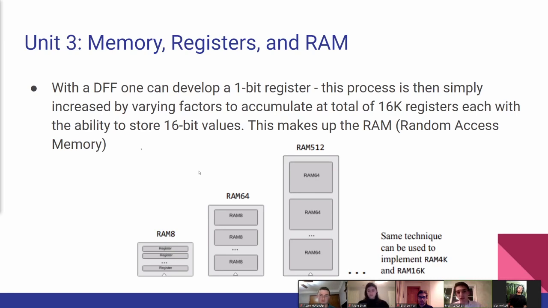And then this is expanded upon with the RAM 64, which has 8 RAM 8s. And then this is the sequential process of abstraction. And we continue to expand, of course, to the RAM 512, and then to the RAM 4K and the RAM 16K.